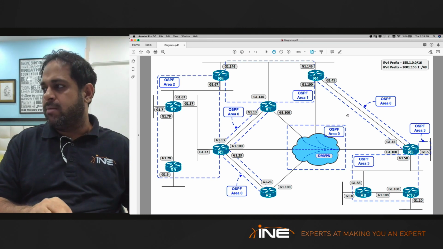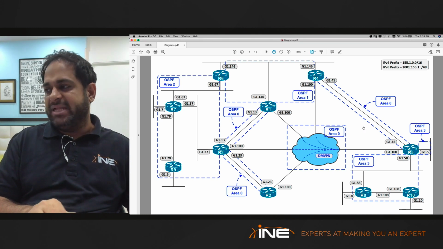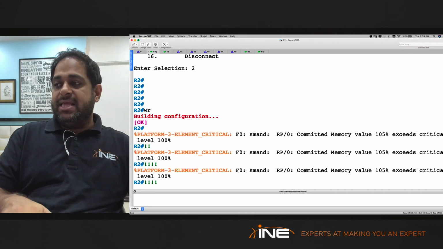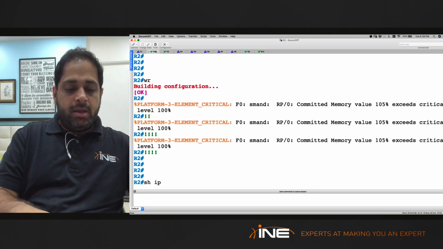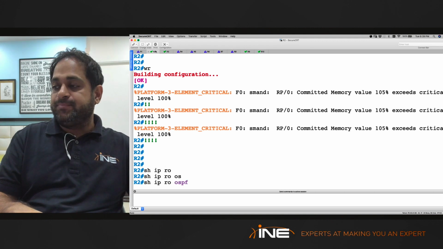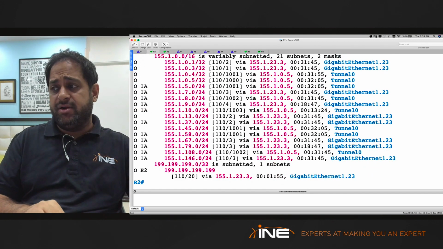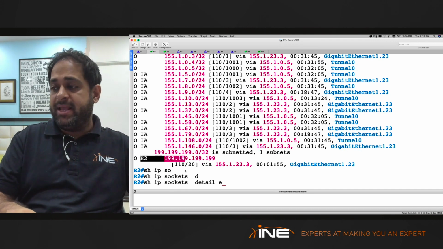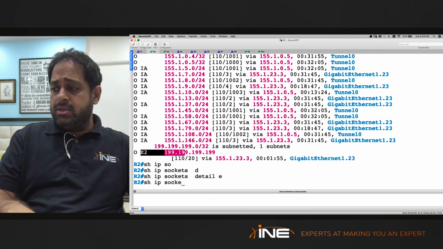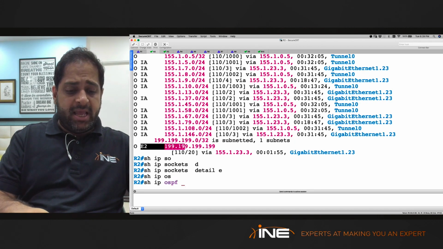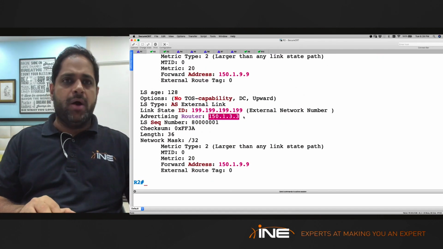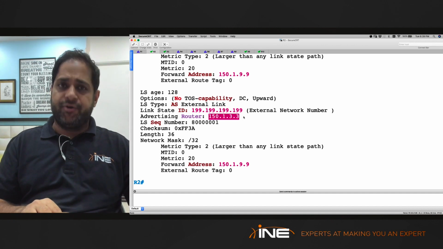But if I check on maybe, let's say R2, show IP route OSPF, you would see I have external routes, E2 routes. And if I do a show IP OSPF database external, you would see that the advertising router is not R9, it is R3.